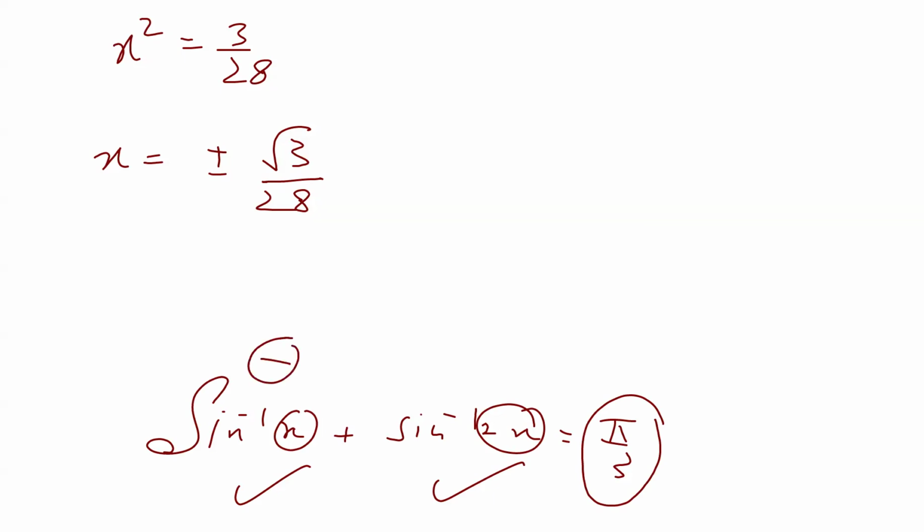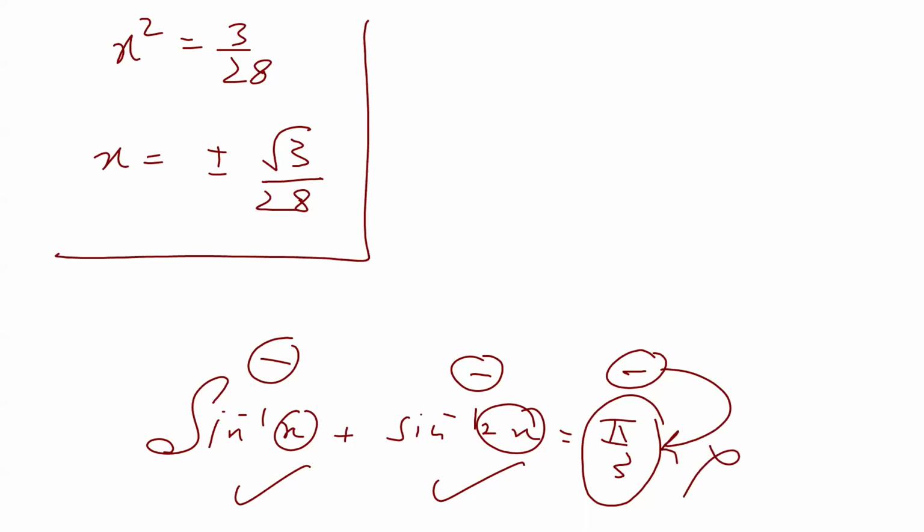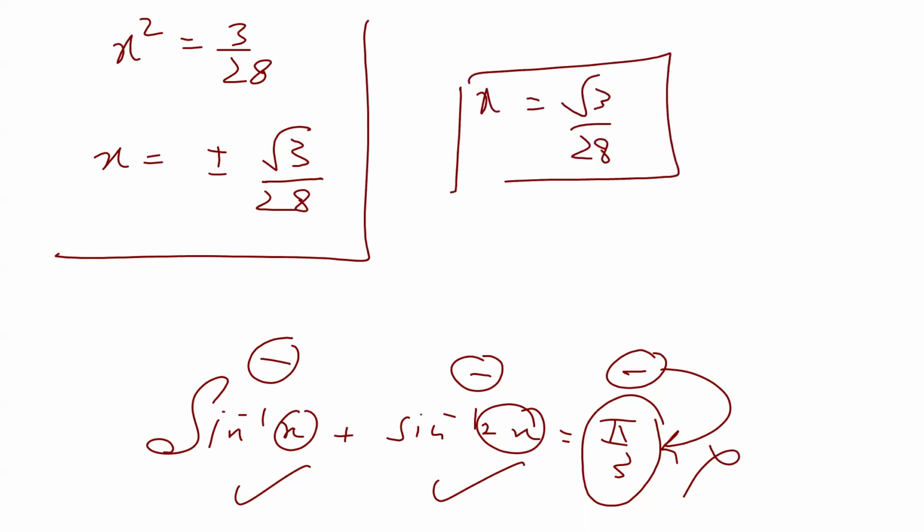So this is going to be negative, this is going to be negative, and negative will add up to give you a negative angle. But this isn't a negative angle. Okay, so we are going to discard the negative value and only the positive value stays in the picture. x is equal to root 3 upon 28.